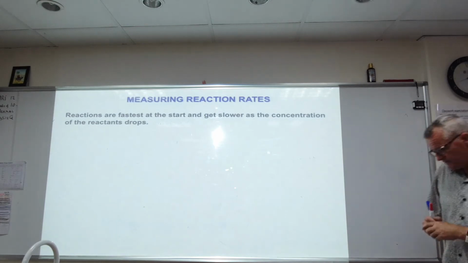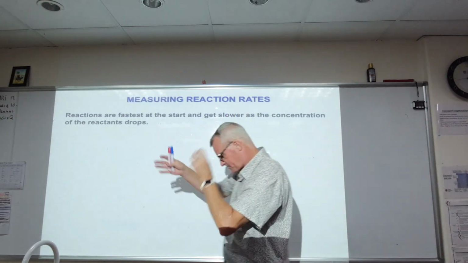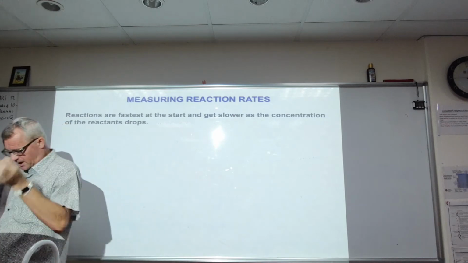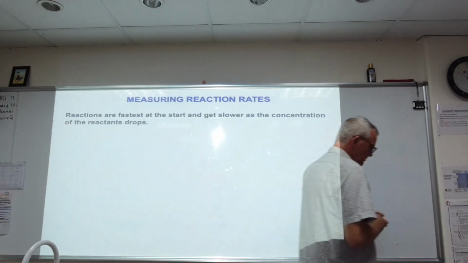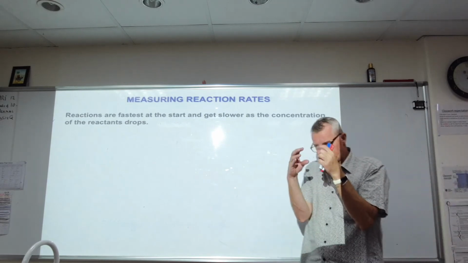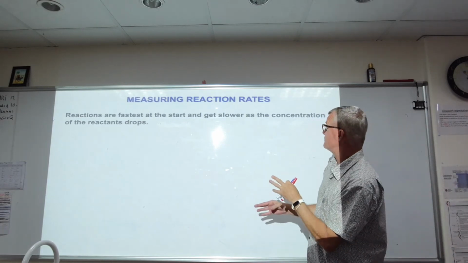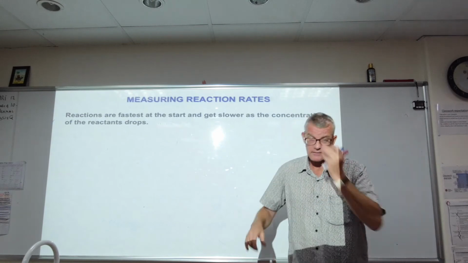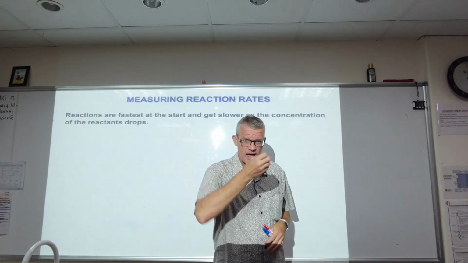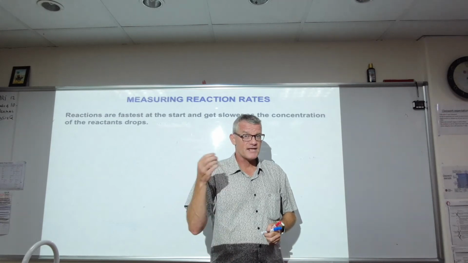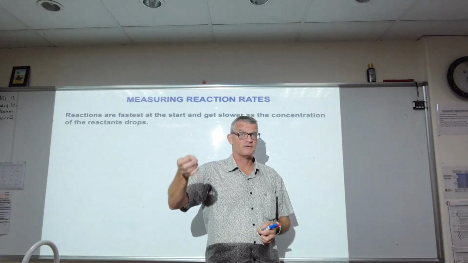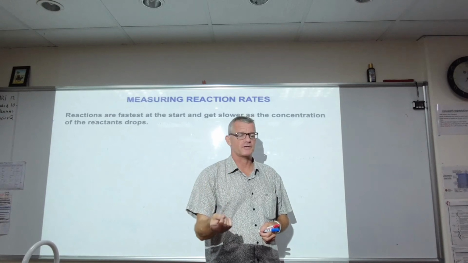Now, remember in the beginning we have all the reactants together. That means all the reactants are relatively in high concentration. But over the time the reactants are going to be used up. So this will have an effect on the rate of reaction over the time.